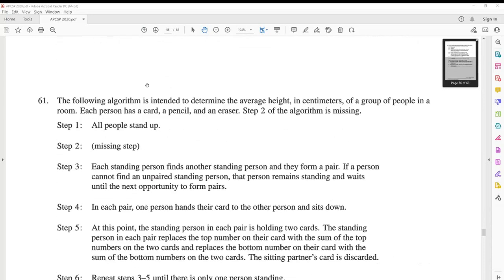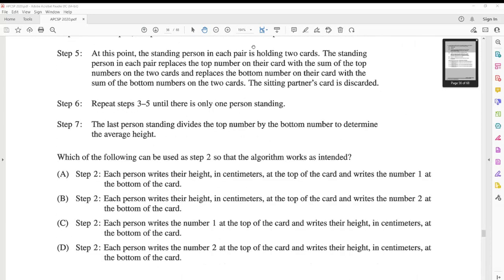If they don't write down their height, no matter how complicated the other things they have done, it's impossible that they would be able to figure out their average height. So C and D you don't consider, okay? You just need to see what information is needed. So their height.